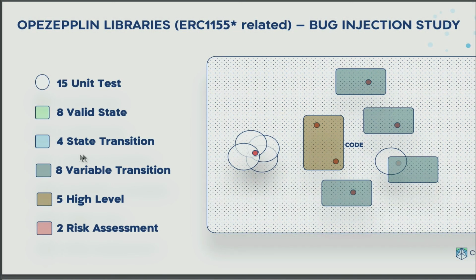A nice set of state transitions found a few other rules. We see that there is not much overlap in coverage here. Okay, so here there are 4 unit tests that did find the same bug. But usually we see that there is not much.